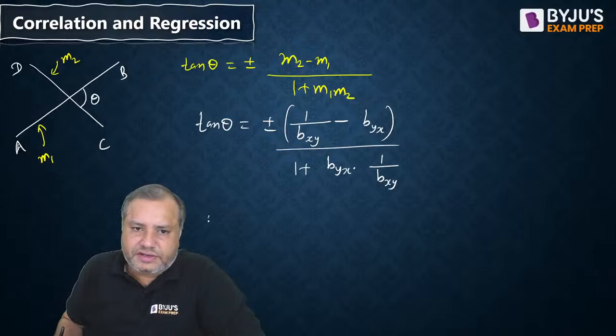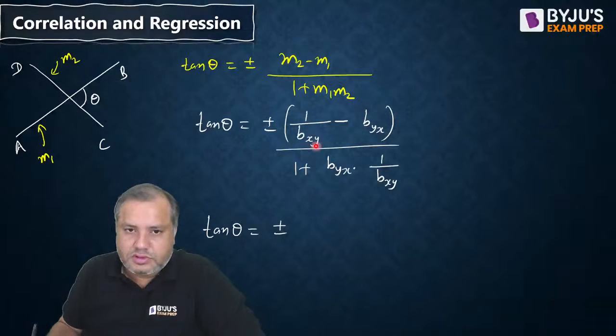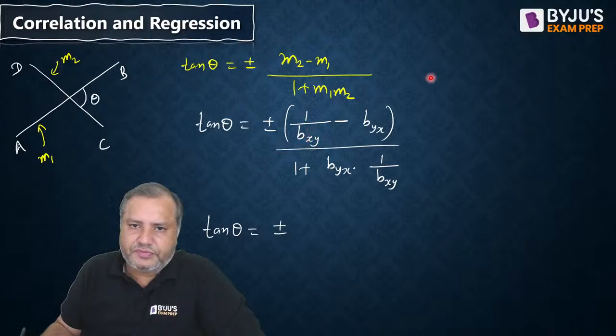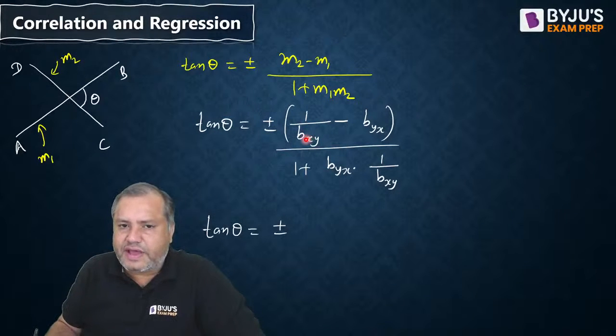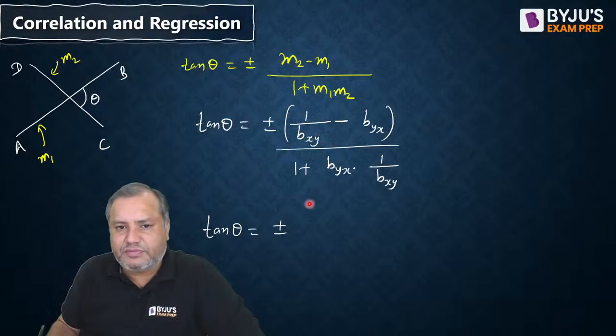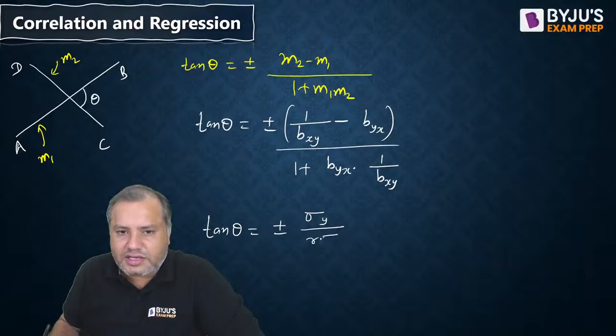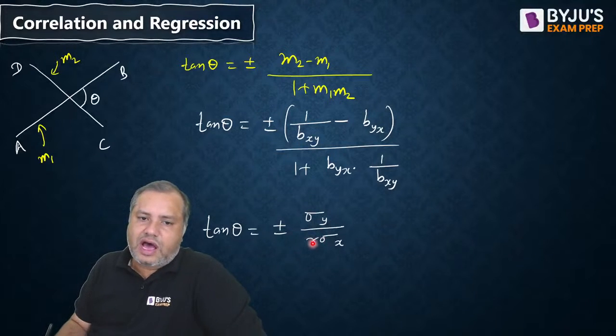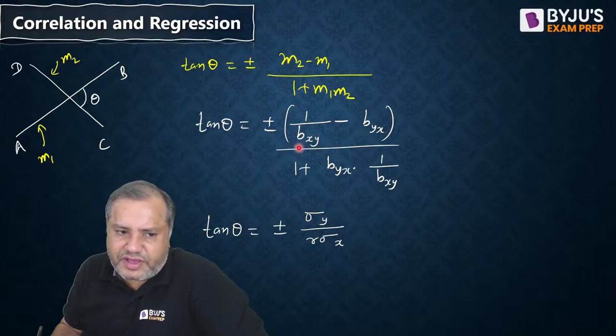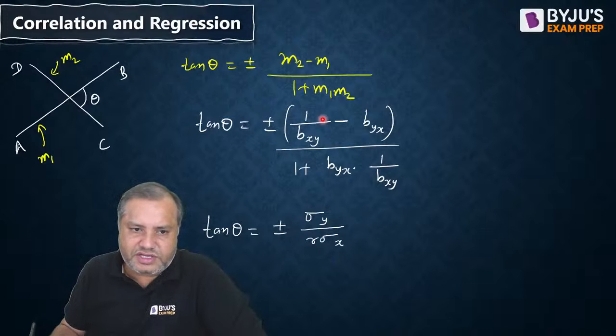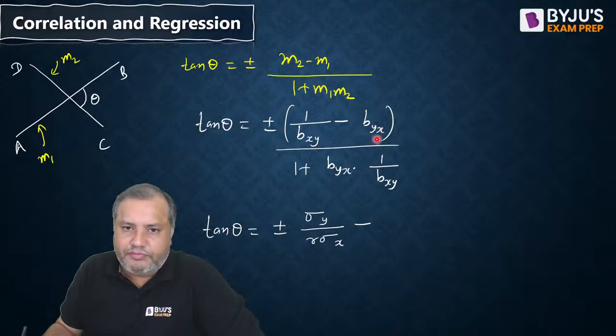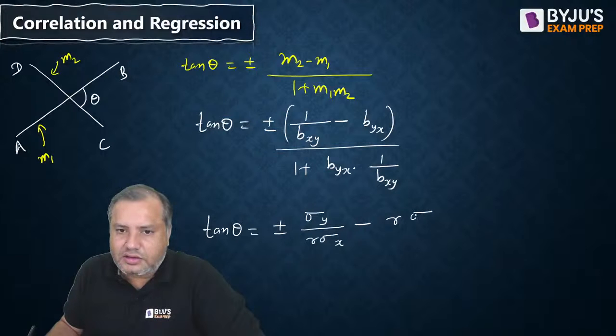Now simplification. 1 upon bxy: bxy is r sigma x upon sigma y, so sigma y will come in the numerator and r sigma x in the denominator. Taking the reciprocal, byx is r sigma y upon sigma x.